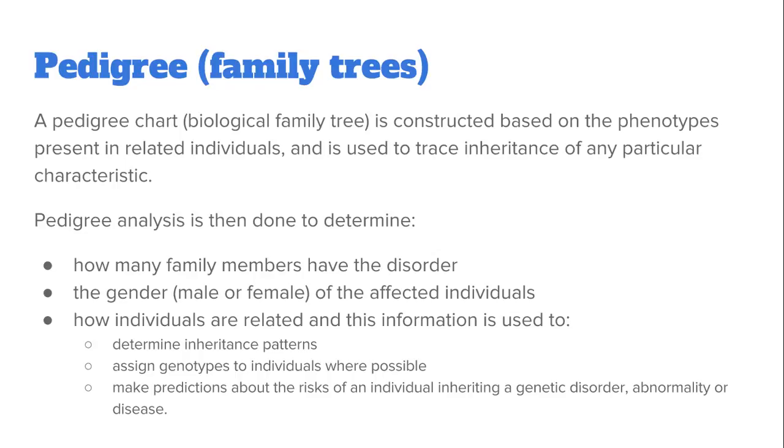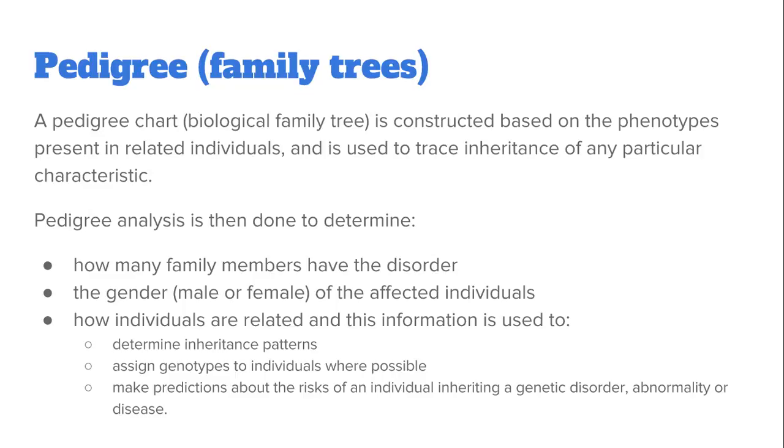When we refer to pedigree charts, they're sometimes called family trees, but they're a biological family tree constructed on the phenotypes present in related individuals and used to trace inheritance. It's usually done so we can determine how many family members have a genetic disorder, to determine the gender of affected individuals, and we can also determine how individuals are related.